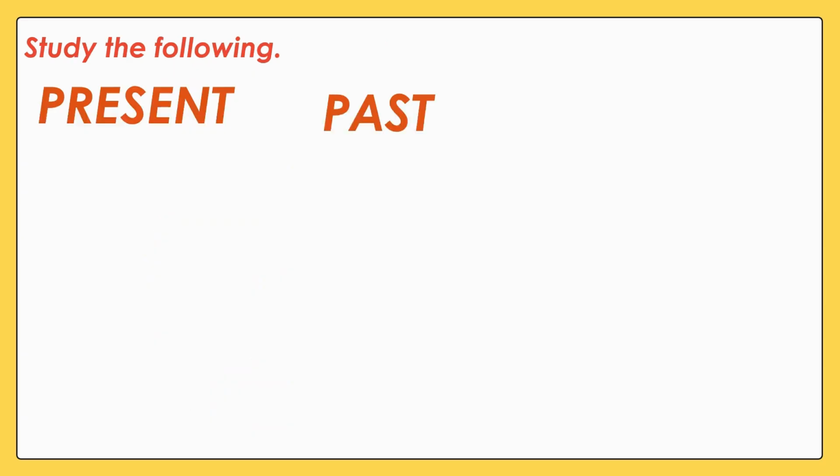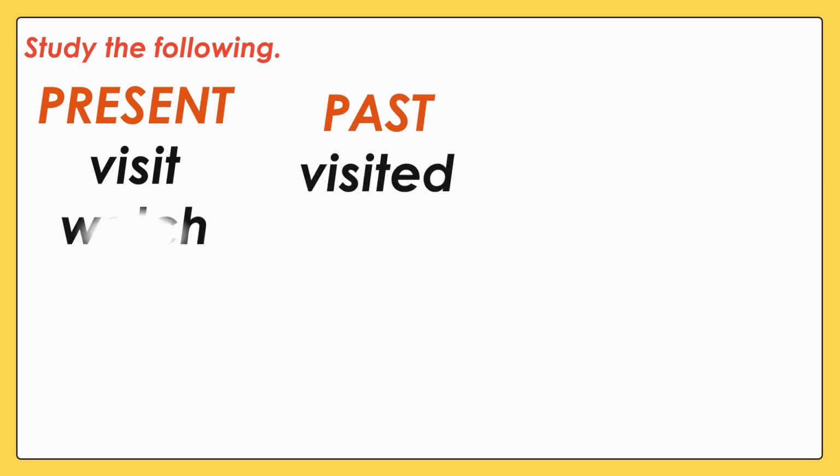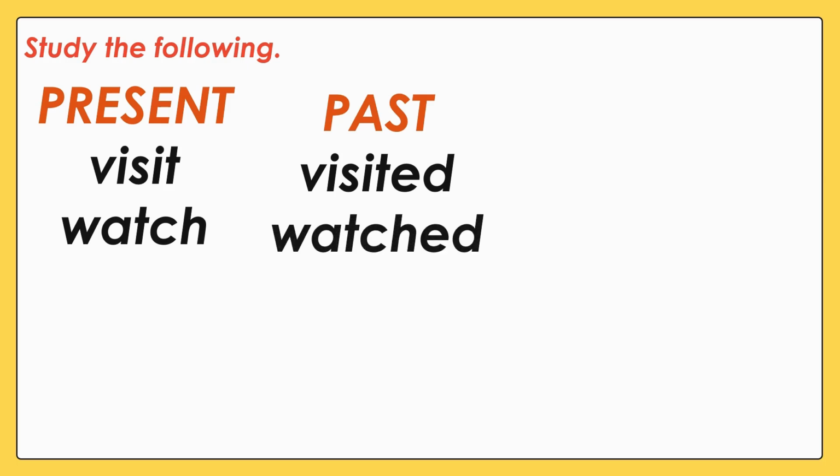Now, let us study the following. First column, we have the present tense, and second column, we have the past tense. So now, let's start with visit. Past tense of visit is visited. Watch, watched. Play, played.